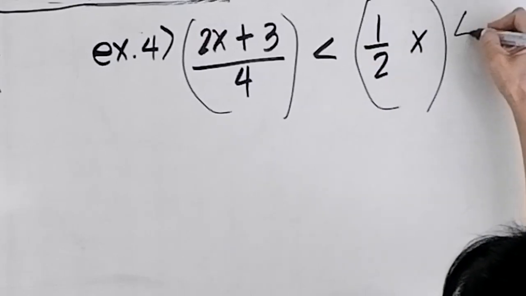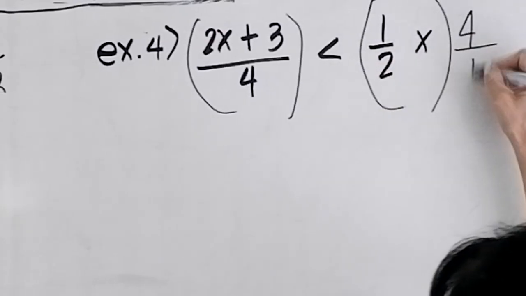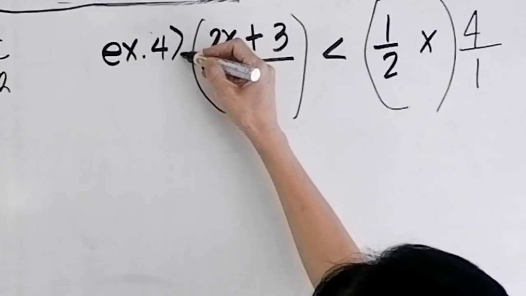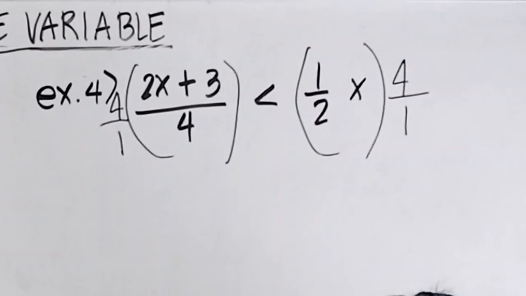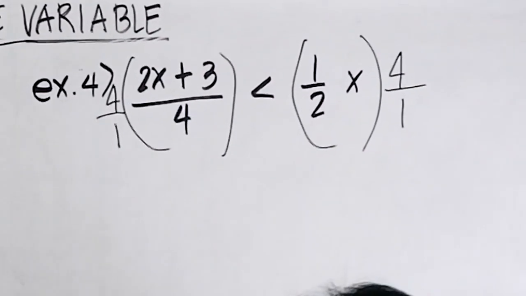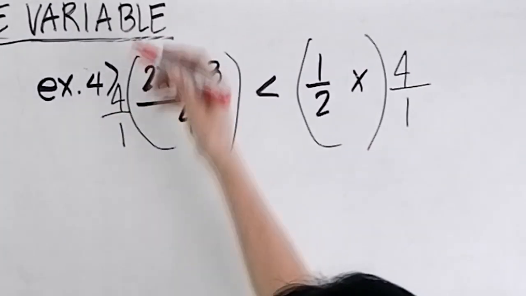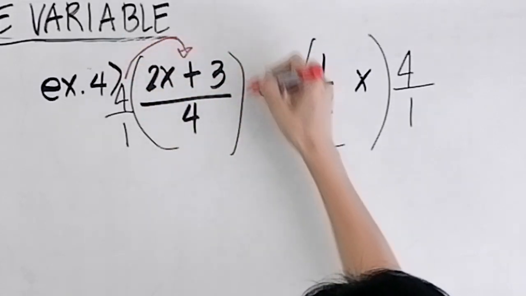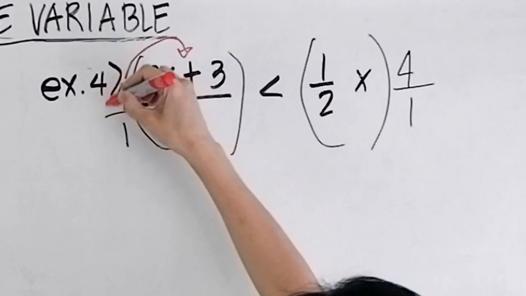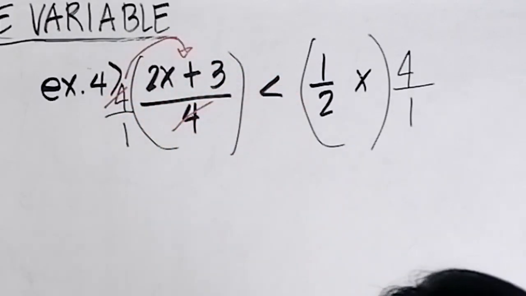There, multiply this by 4 or 4/1. Multiply this by 4 or 4/1. And then, distribute the 4. What happens? When you multiply 4 here to this expression, the 4 cancels with this, right?